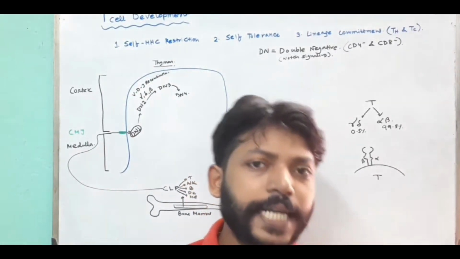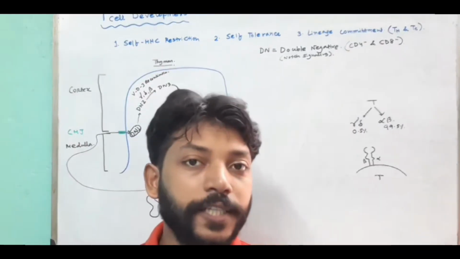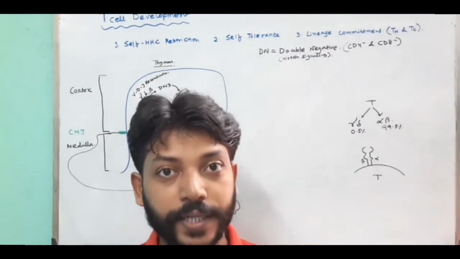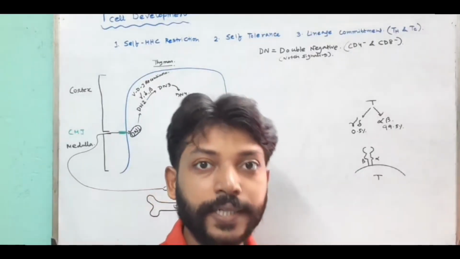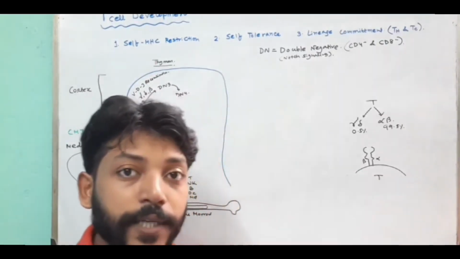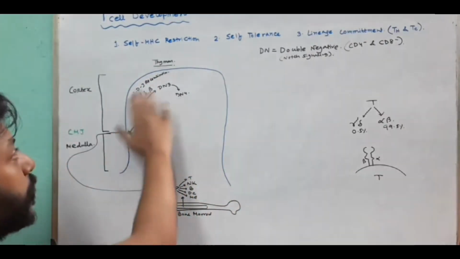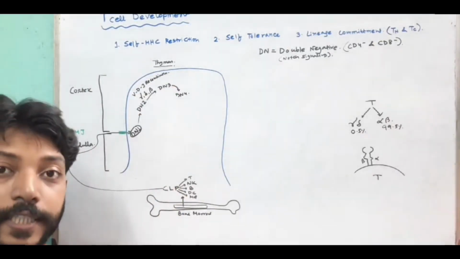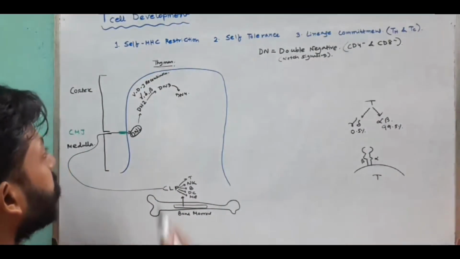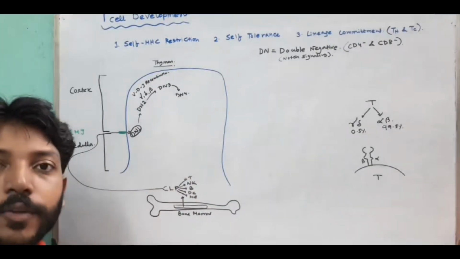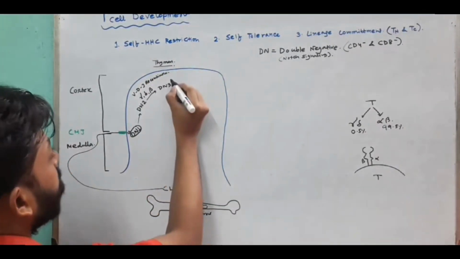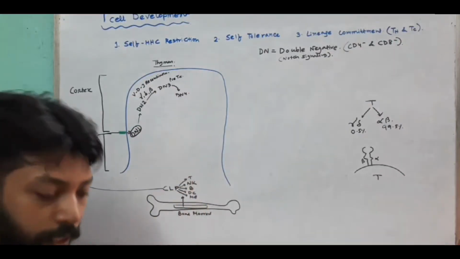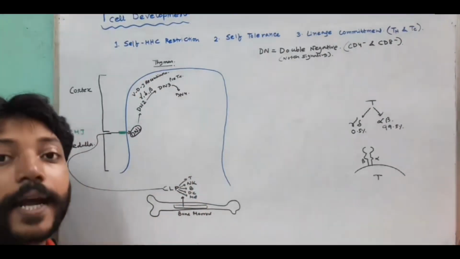That means each and every T cell expresses a unique T cell receptor. So if I have 10 million T cells, then I have 10 million unique T cell receptors that can recognize 10 million different antigens. So VDJ recombination occurs in this case, but no alpha chain is yet produced. So what happens in the DN3 stage? This DN3 cell starts to produce a pre-T alpha chain. Pre-T alpha chain, not true alpha chain. It is a surrogate chain.